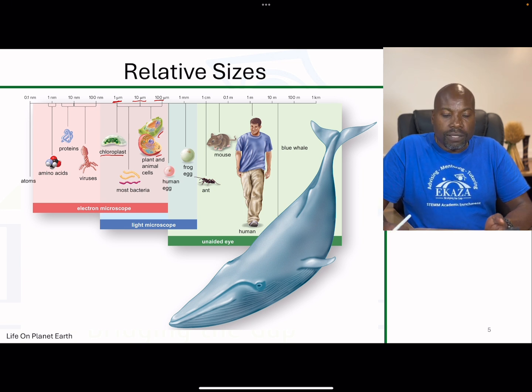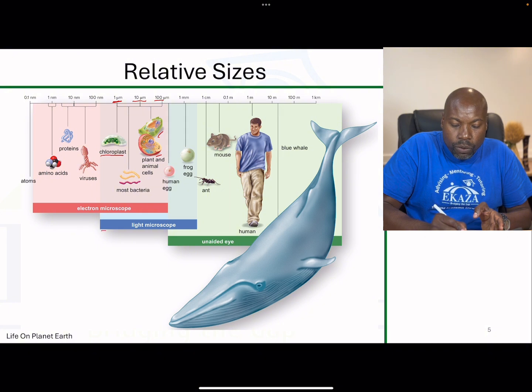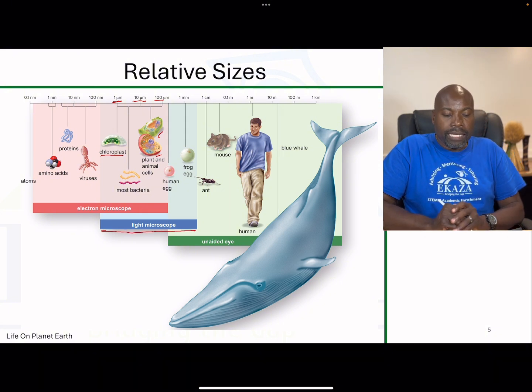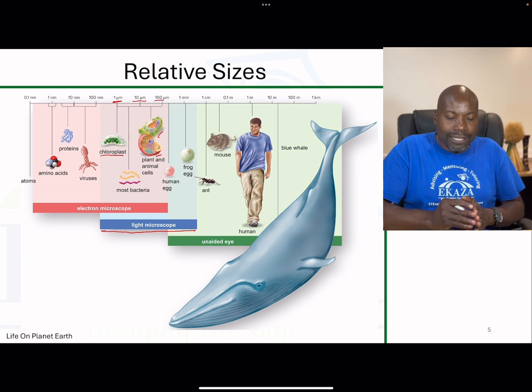So these cells are very small, but we can see them with a light compound microscope, right? Anything that is smaller than the chloroplast, you cannot see it with a light compound microscope.